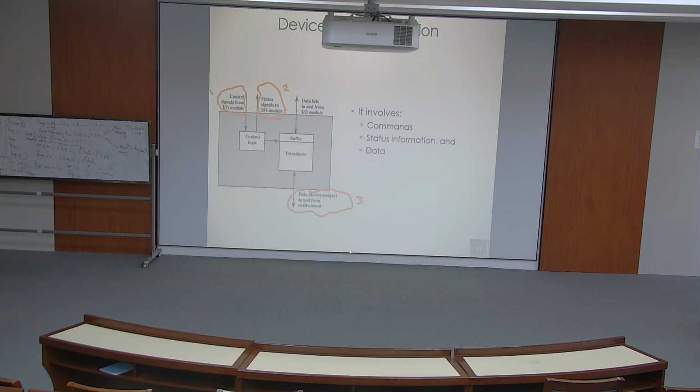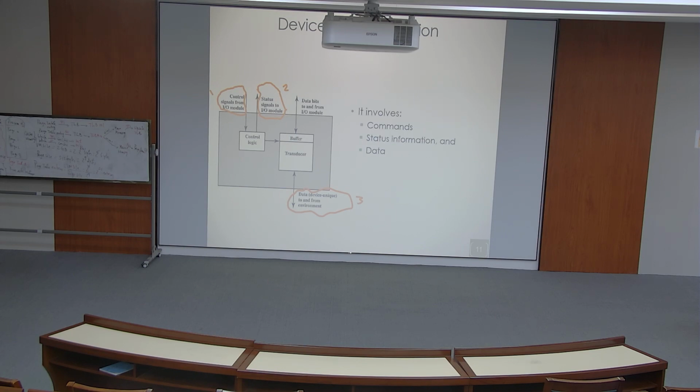Now, we have seen that if the system bus is involved, we need what we call bus arbitration to indicate which device is a master or a slave. The master is transmitting the data via the bus, and the slave is receiving the data. So this is very important.